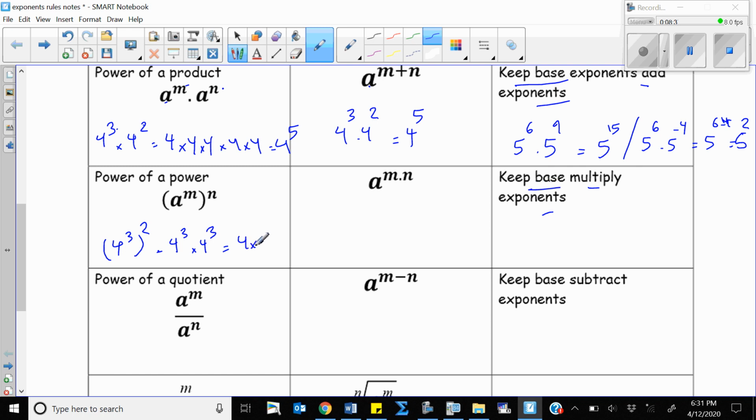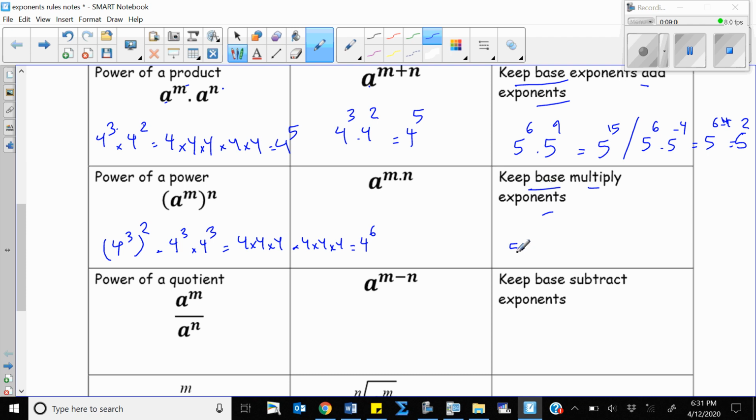It's 4 multiplied by itself 3 times. And the other one again is 4 multiplied by itself 3 times. Now, how many 4s do I have? 6 of them. And if you notice, 6 is basically 3 times 2. So you just need to multiply the powers and get the answer.